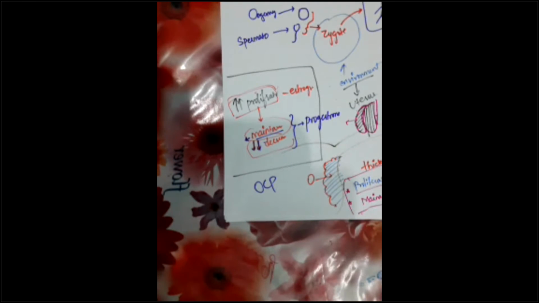Now, what is my oral contraceptive pill doing, guys? It will have 3 to 4 functions. What will my oral contraceptive pill contain? It will contain estrogen plus progesterone, guys. My estrogen will be of little quantity, my progesterone of greater quantity.